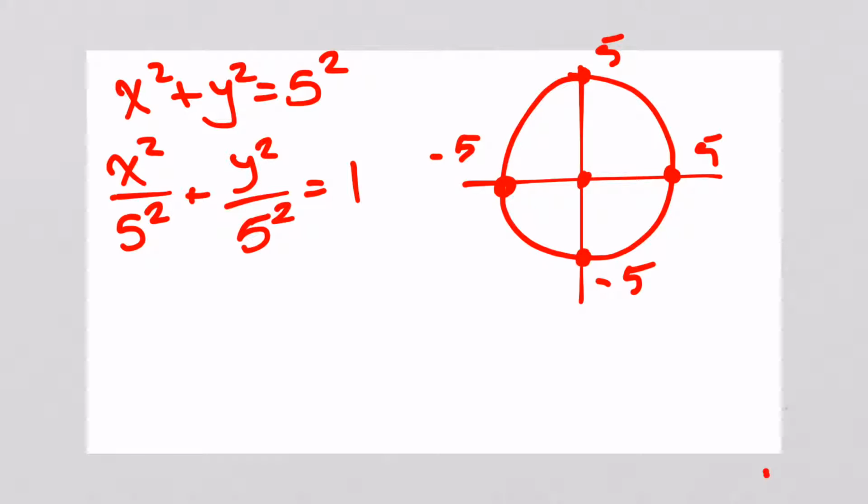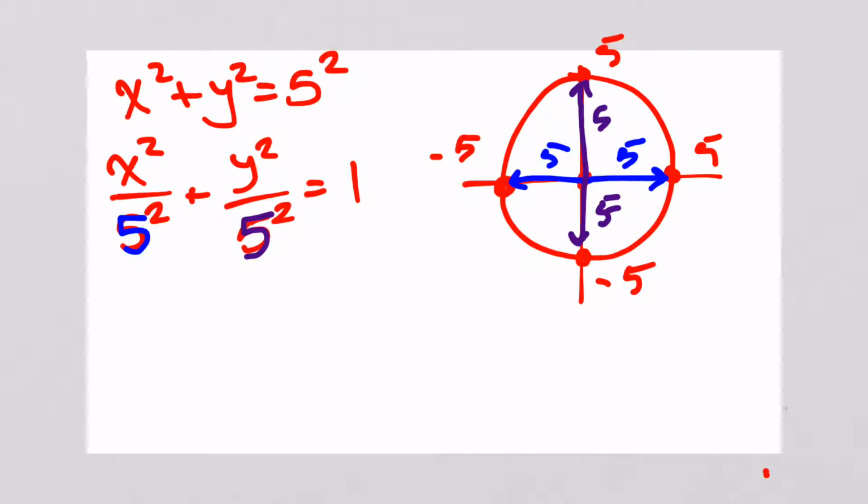Now the way I read this equation when it's written in this form is I look at that 5 squared underneath the x, and I take that to mean from the center, go 5 to the right, and go 5 to the left. And then I look at that 5 squared underneath the y, and I take that to mean from the center, go 5 up, and go 5 down to get all those points.